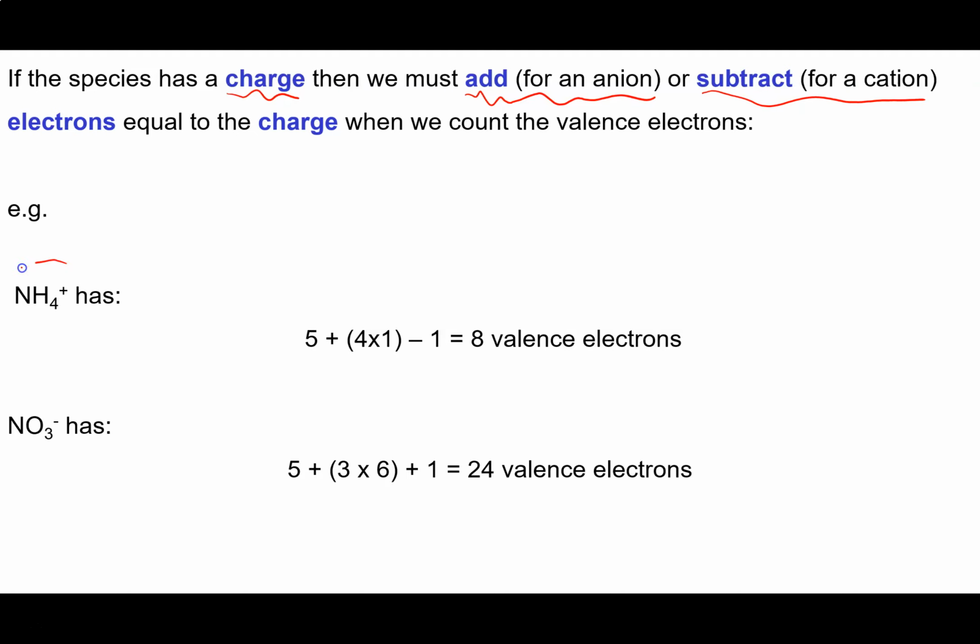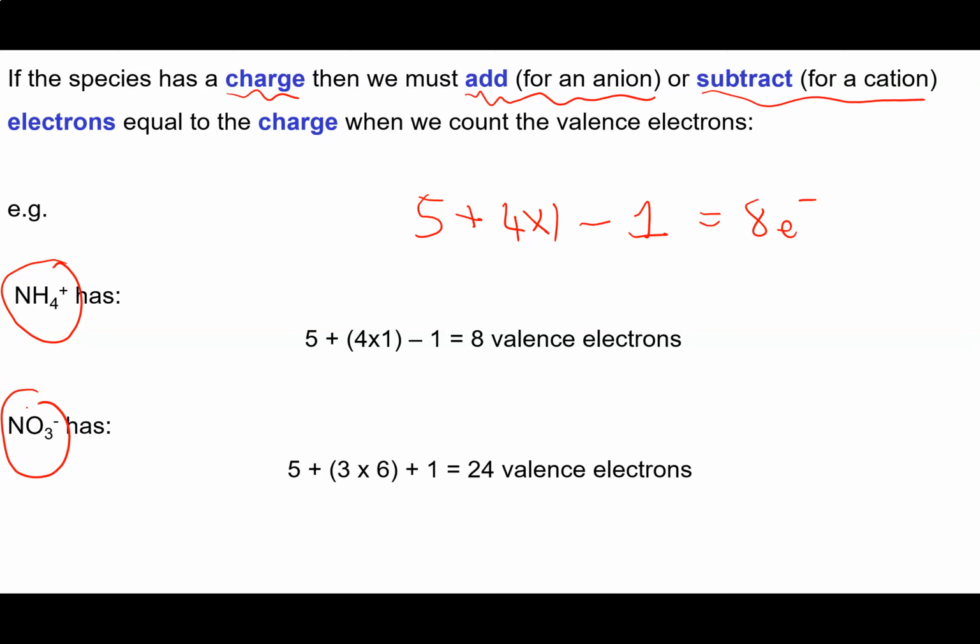So I'll give you an example here. This is the ammonium ion. We get 5 electrons for nitrogen because it's in group 5. We got 4 lots of 1 electron for the hydrogens because hydrogen's in group 1A, and then we have to subtract 1 away because it's got the 1 positive charge, and that gives me 8 electrons.